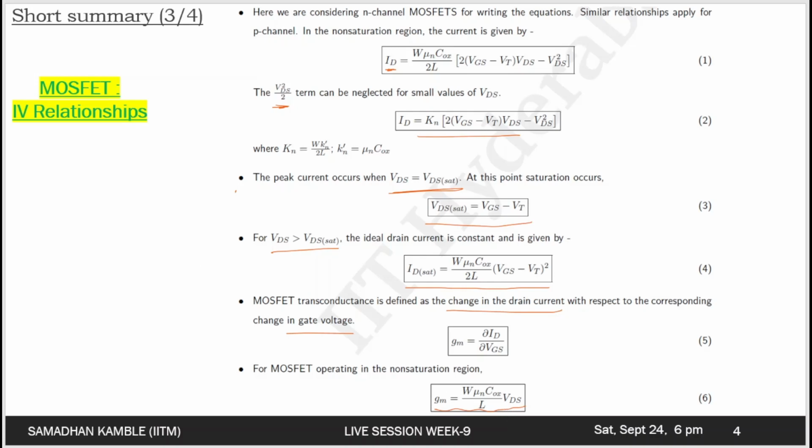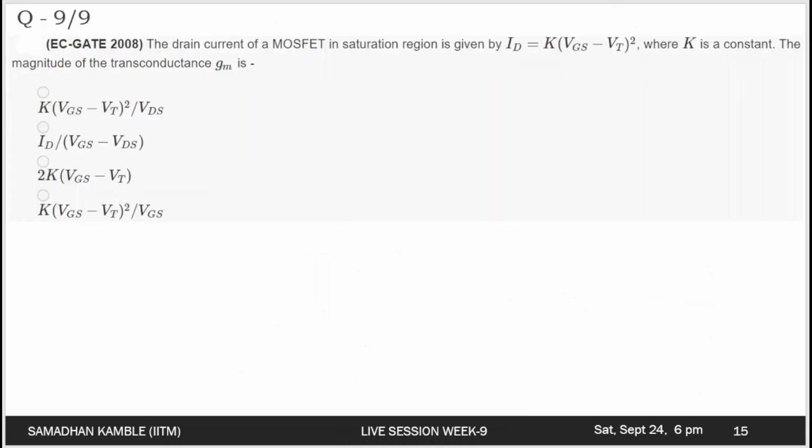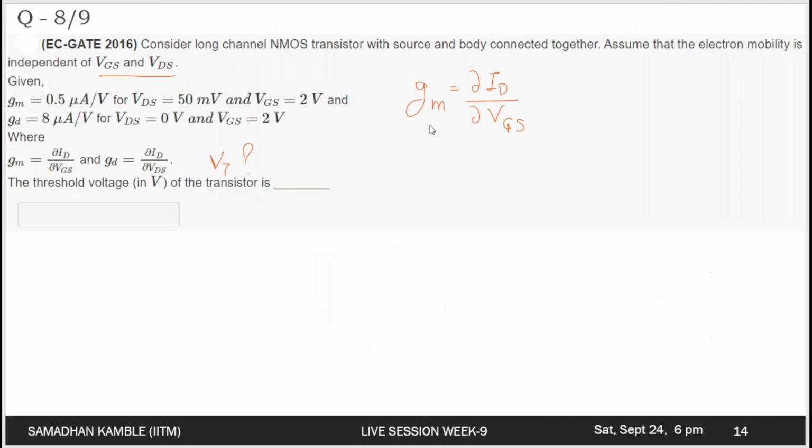We can directly substitute here: mu times Cox times W over L times VDS.